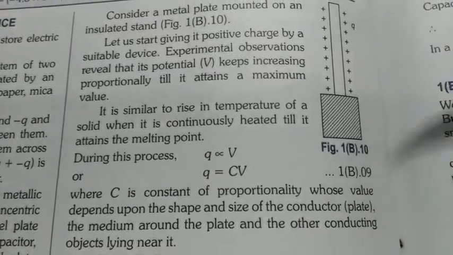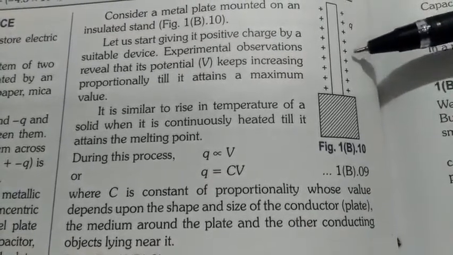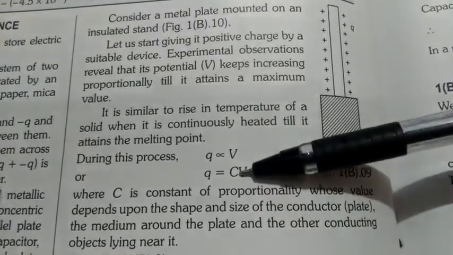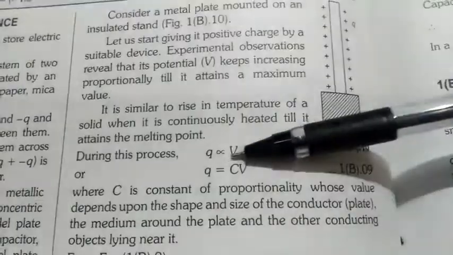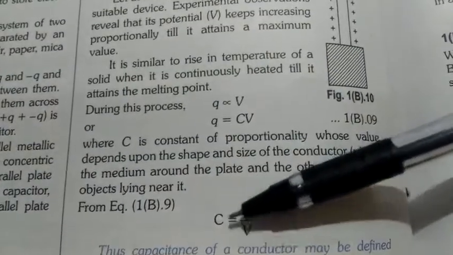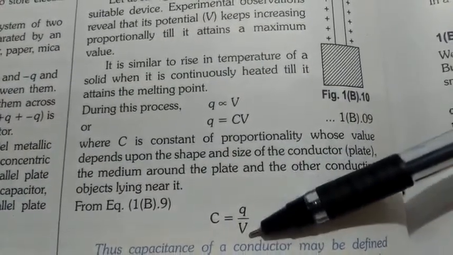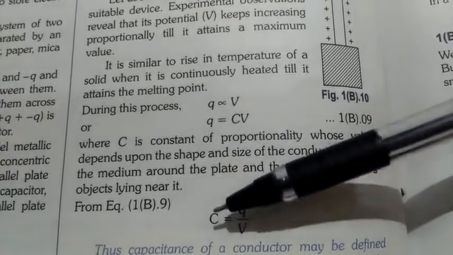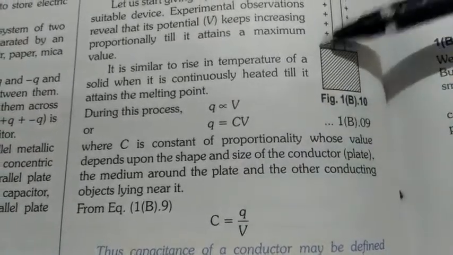If the medium is not air but any other medium, then the value of this constant also will change. Now this formula can be written like this: C equals Q upon V. Here this constant C which we have introduced is the capacitance of this capacitor.